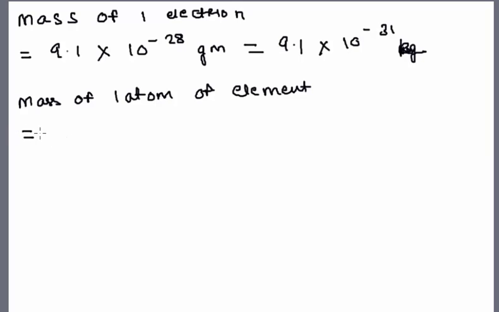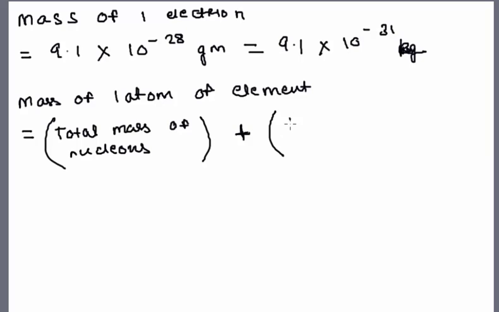So the mass of one atom of an element can be written as the total mass of nucleons plus the total mass of electrons. I hope this makes sense to all of you, because in the atom we find the nucleons and the electrons, and if we add their total masses, we'll get the total mass of the atom.